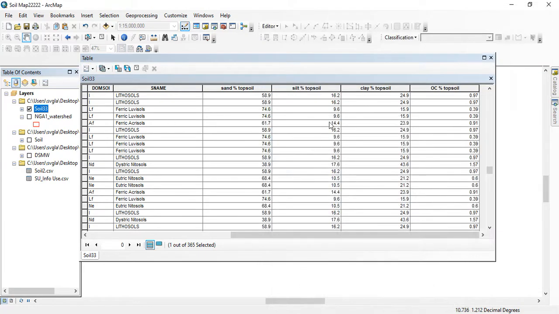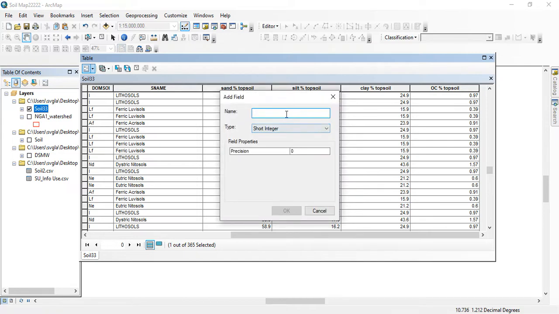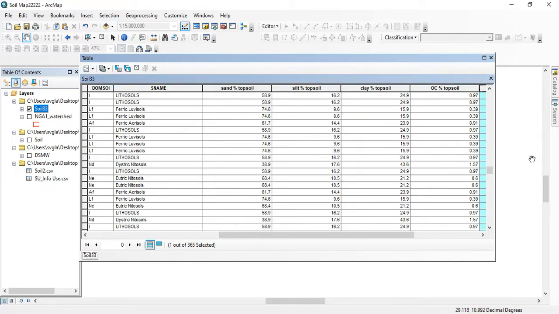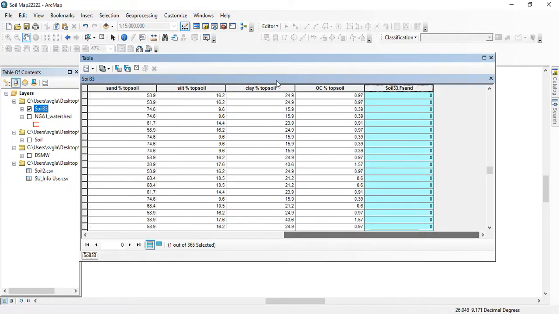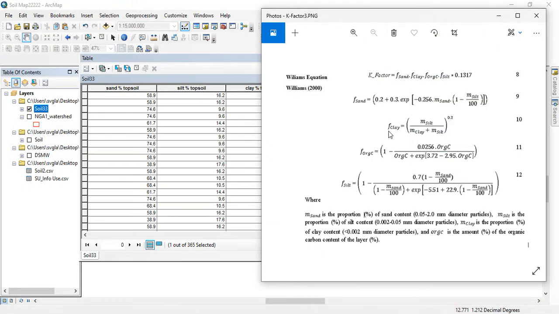So create your field, which is our F sand. I want to add another field, which is our F clay.